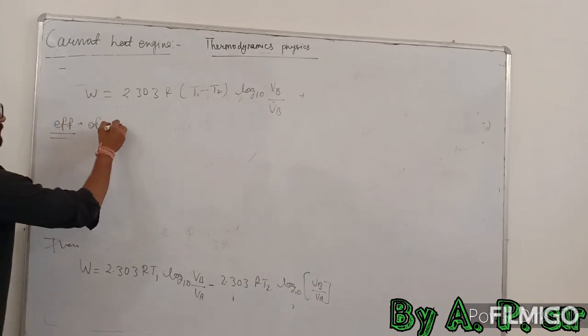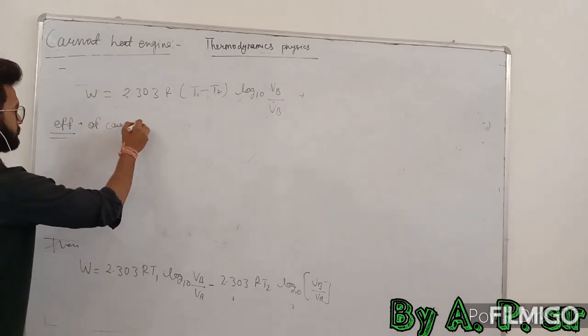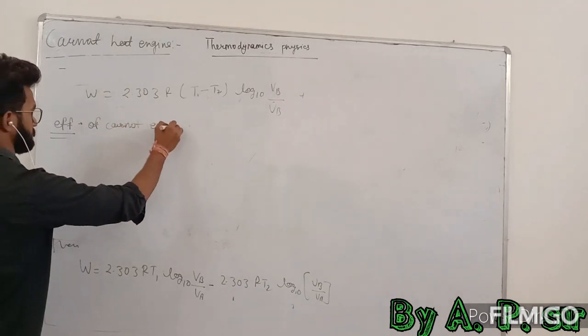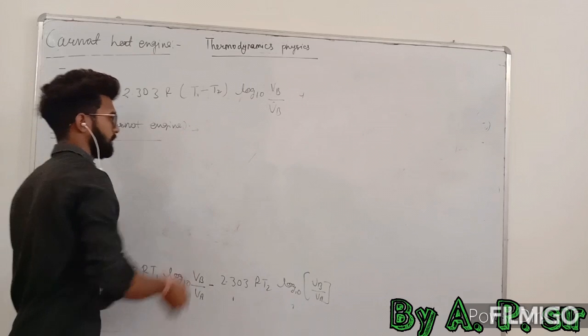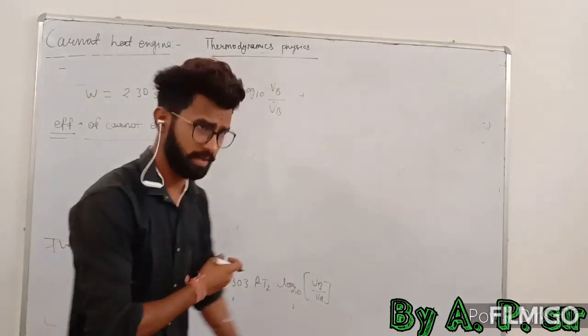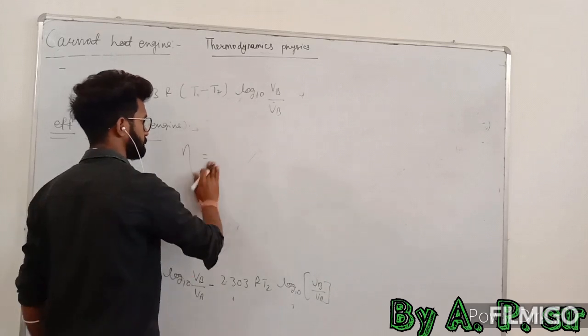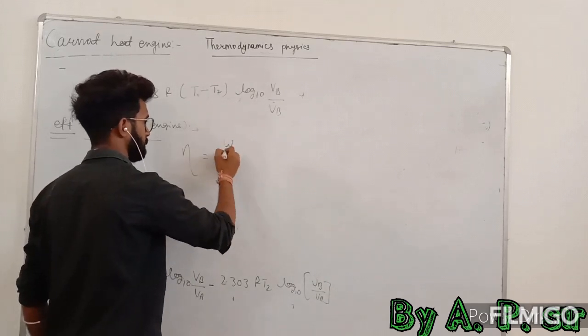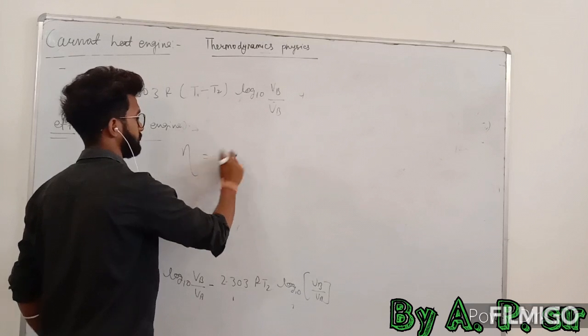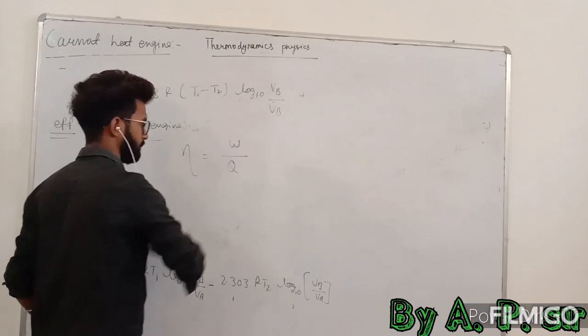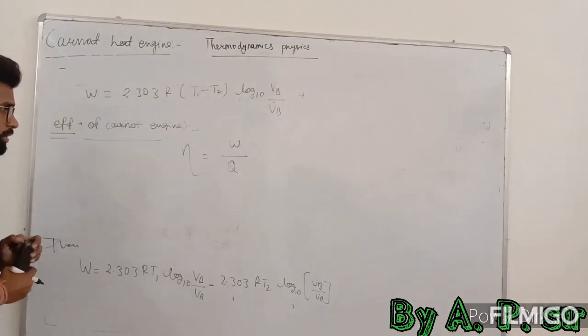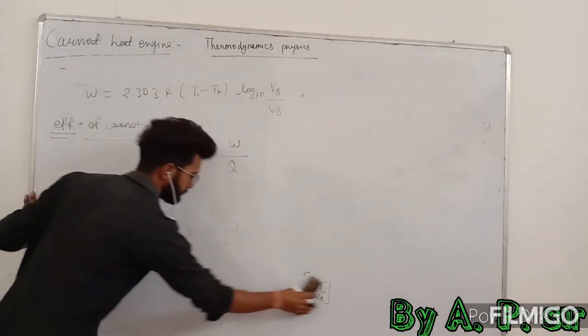Then for the efficiency of the Carnot engine, we know that the efficiency of an engine is represented by eta, which equals W upon Q. We put in their values.